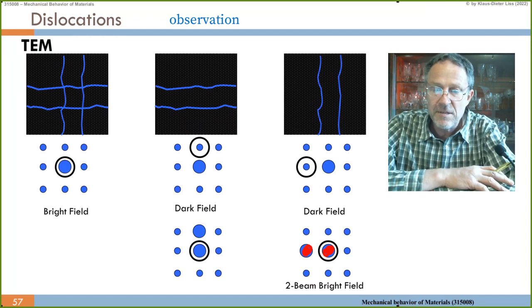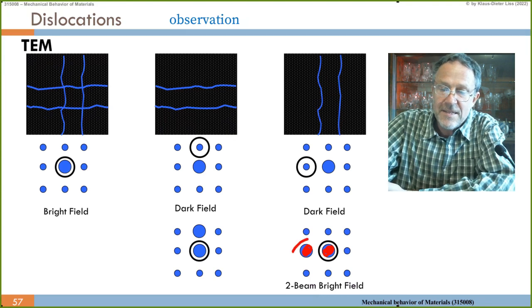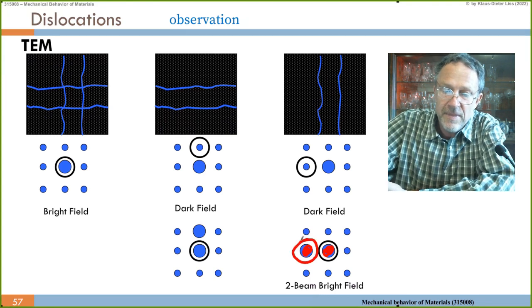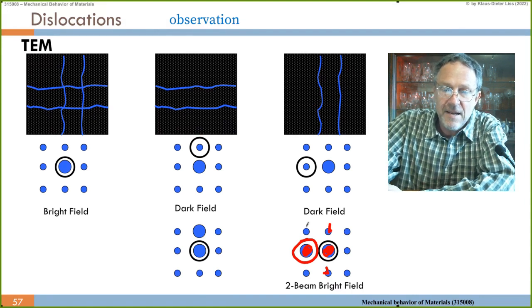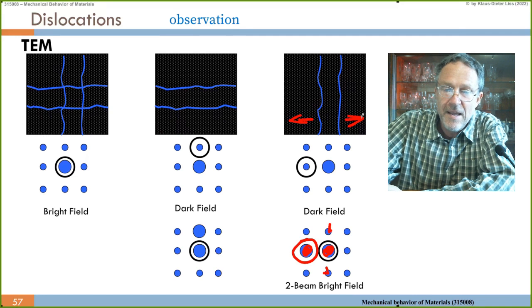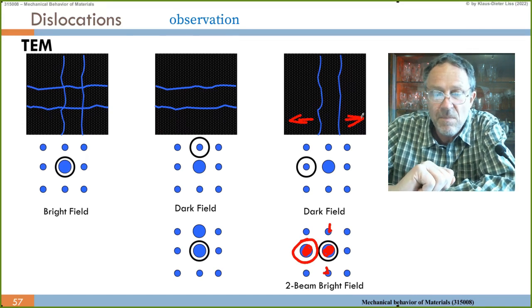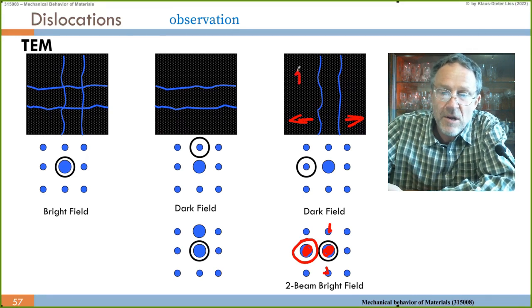If I get a lot of intensity scattered into this beam, then the intensity is not scattered vertically, it's not scattered to the small dots here of reciprocal space, it's just competing between the two, and that means I have basically a probe for scattering vectors in the horizontal orientation, and only see Burgers vectors again in the horizontal orientation and not Burgers vectors in the vertical.